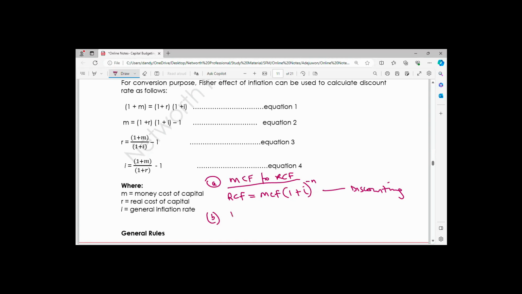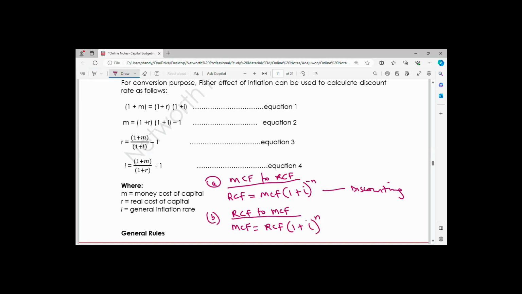So money cash flow will be the subject of the formula: real cash flow multiplied by (1 + inflation rate) raised to the power n.